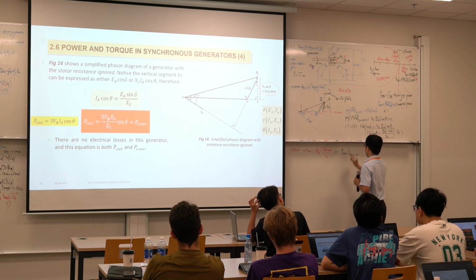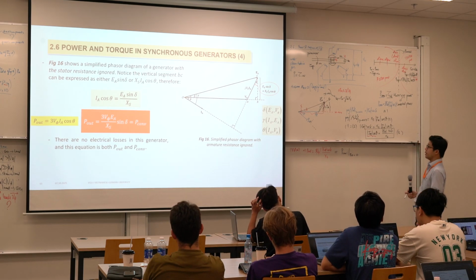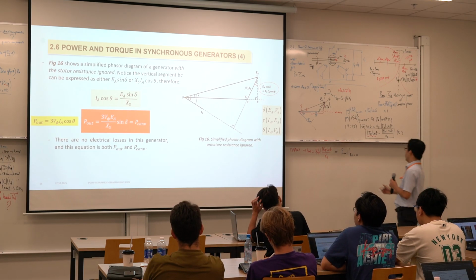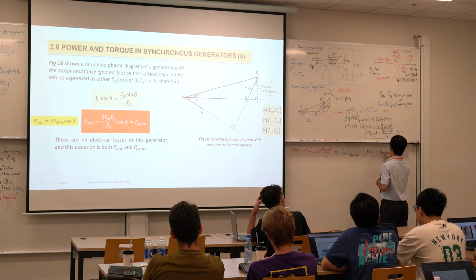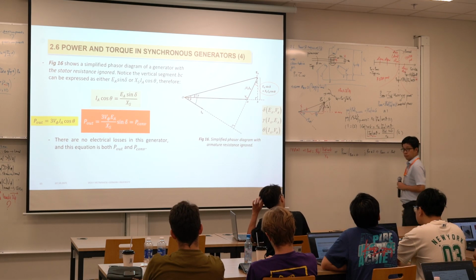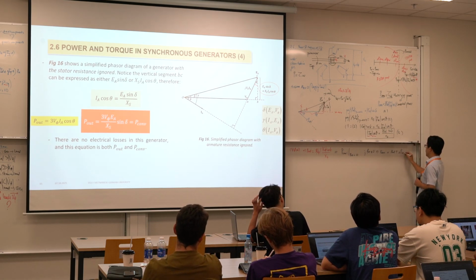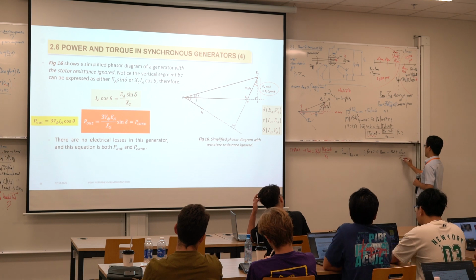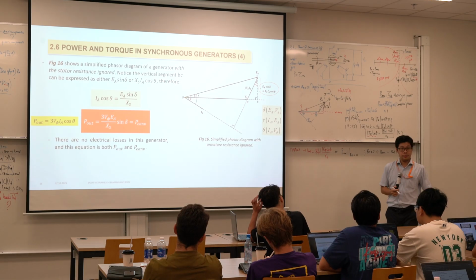Of course, if we know I, so if RA is different from 0, we have V converter equal to V out plus delta V copper or delta V SCF, the copper loss. You understand?